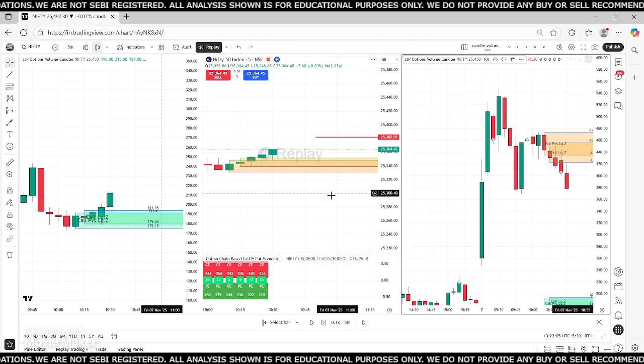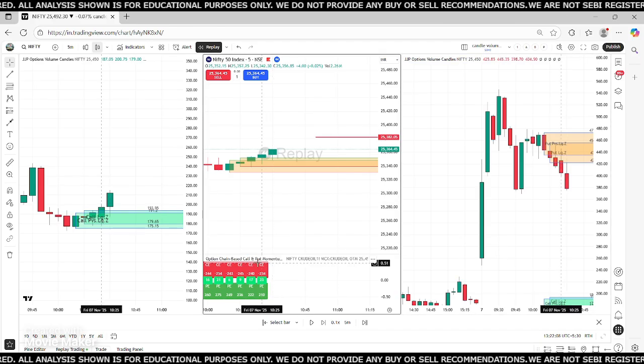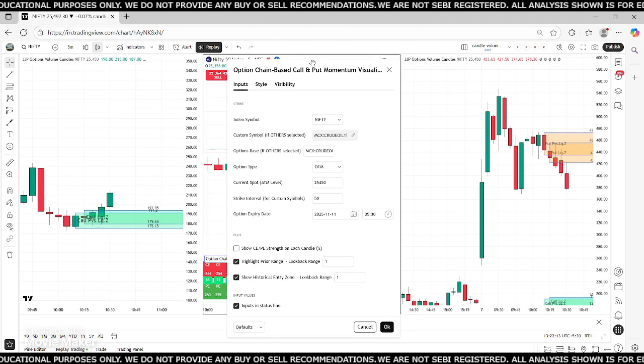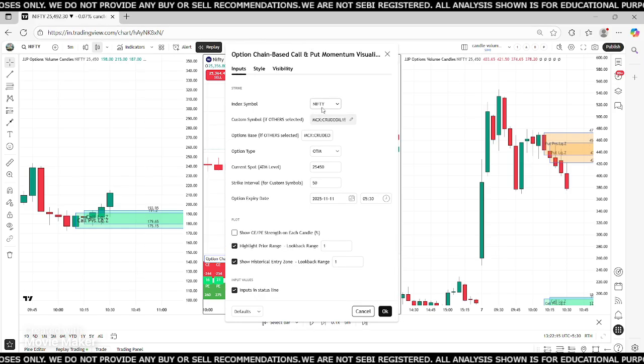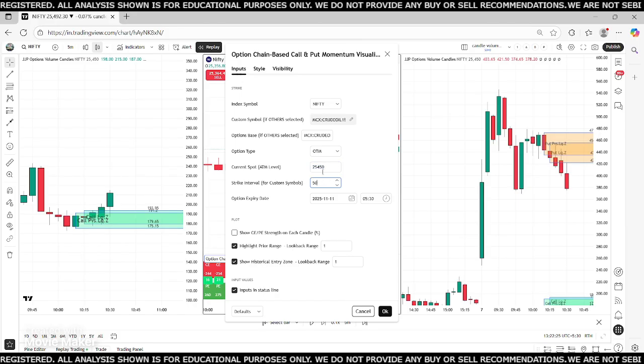Now this is the basic setup, and in the center we have included our option chain based call and put momentum indicator. If you go to the settings of this indicator, you have an option to choose the index first of all, and we need to choose the OTM, and select the same ATM strike price here also, and the interval for the particular index.